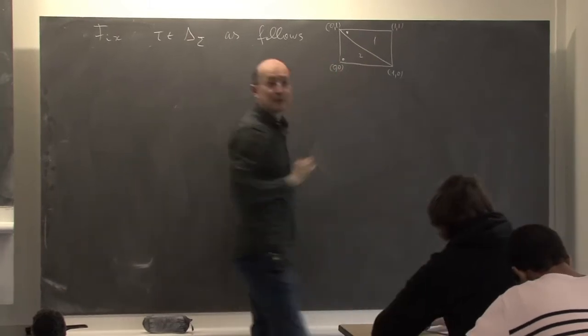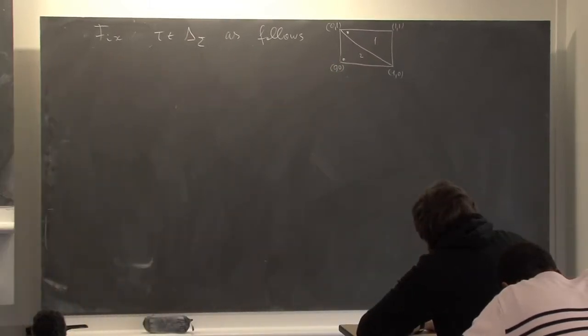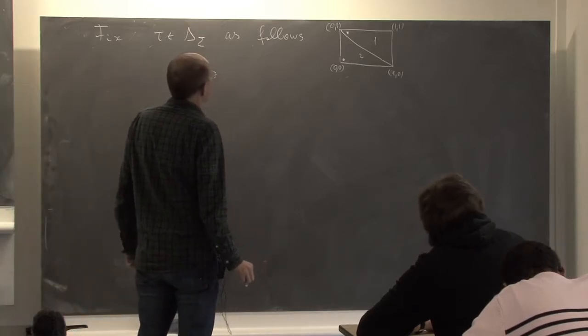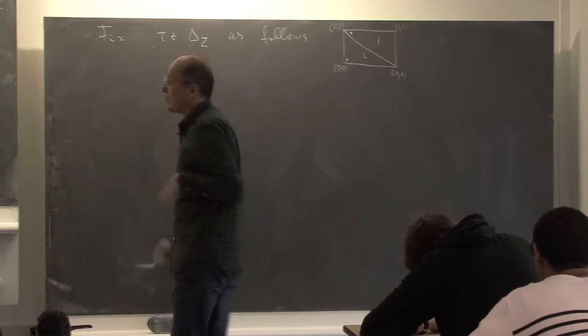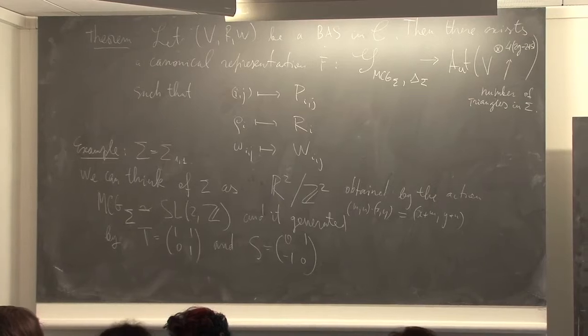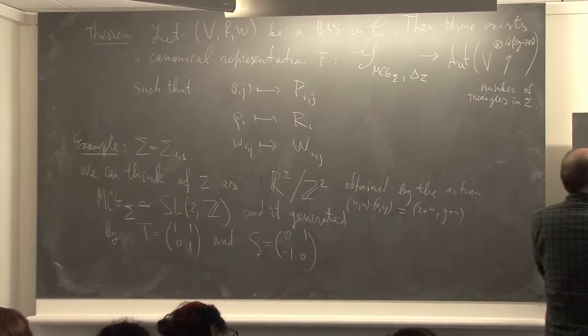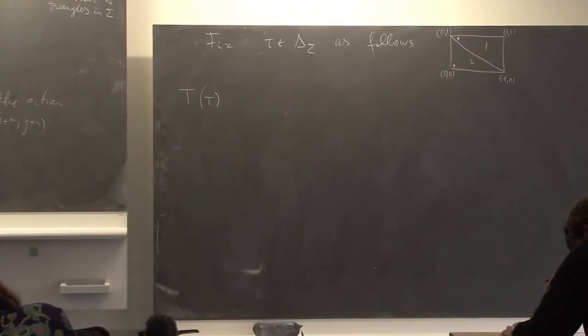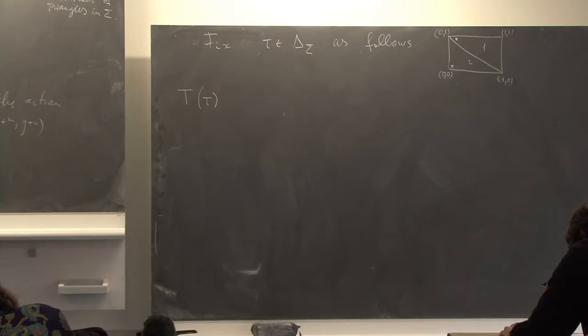So that's our reference decorated ideal triangulation. And we want to realize the generating elements of the mapping class group as elements of our groupoid. So what do we do? We apply, we draw the image of tau in our plane.